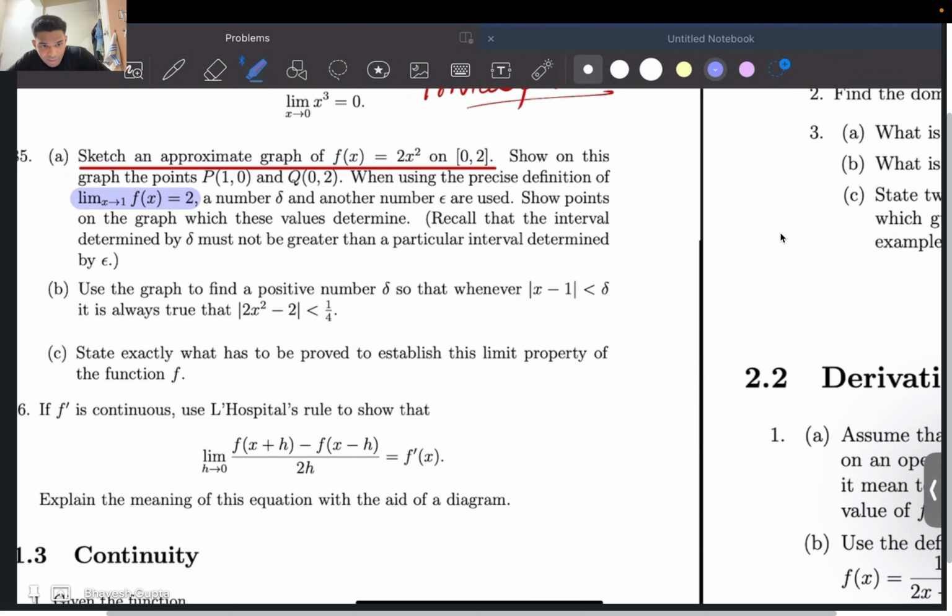Show points on the graph which this value determines. And recall that the interval determined by delta must not be greater than the particular interval determined by epsilon. So basically in this problem they have told you to solve this particular problem using delta epsilon definitions, or you can say notations.